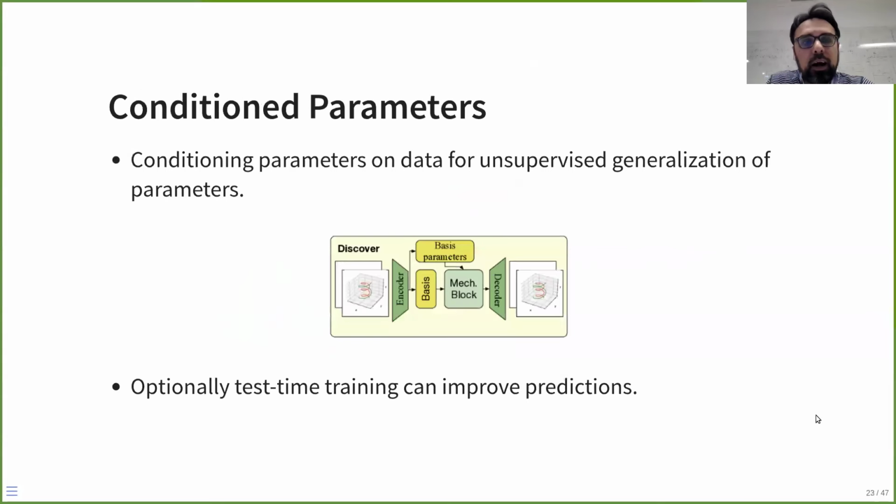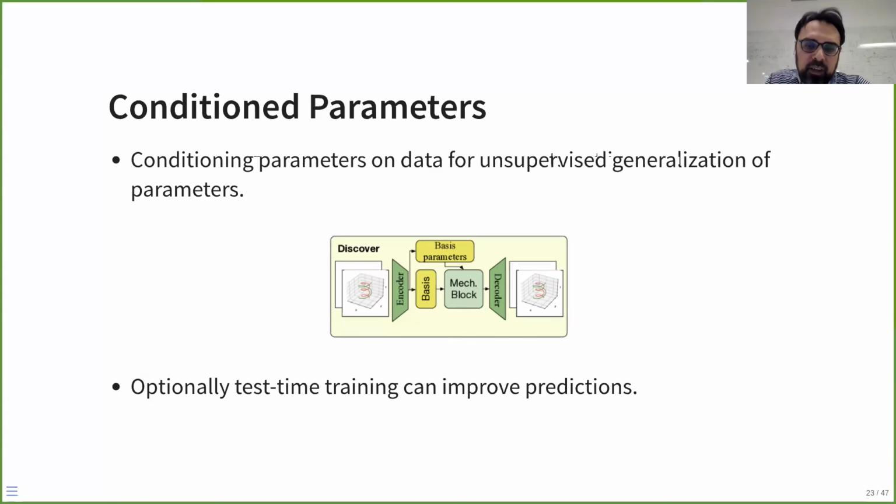Another feature is that you can condition the parameters of the differential equation on the data. What this means is that for now, we had one equation and one type of data governed by that equation, meaning that the ground truth parameters were fixed for the data.